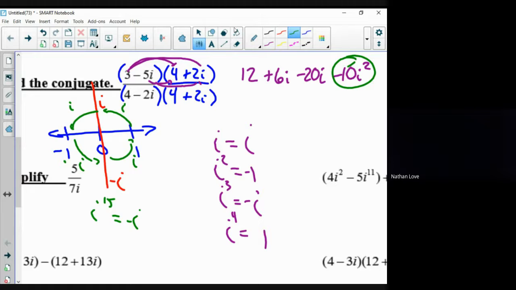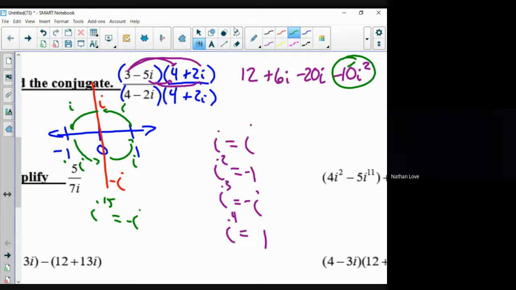So it is a 90-degree rotation. This is why I listed it out like this. i, 1, negatives in the middle, because that's the way it works. i, negative 1, negative i, 1. It just follows the circle. That's all that is. That's why it goes like that. And then you can just count from there, Kenzie.